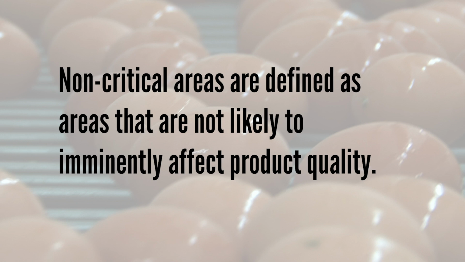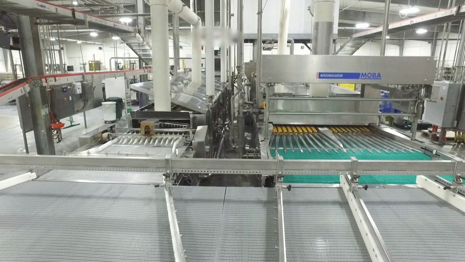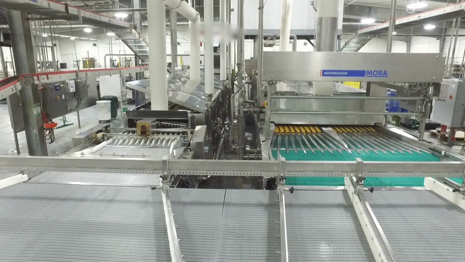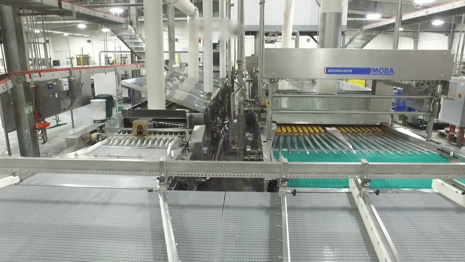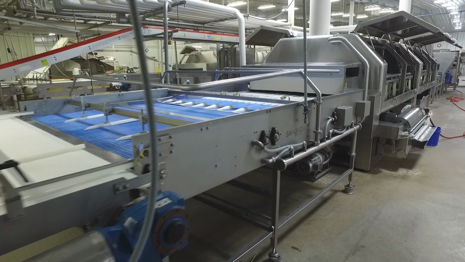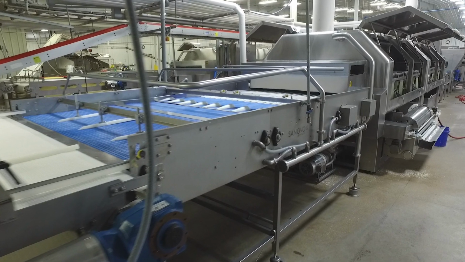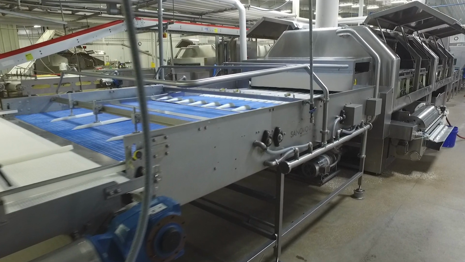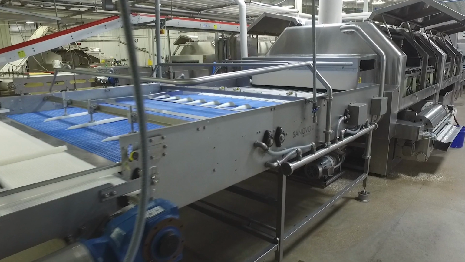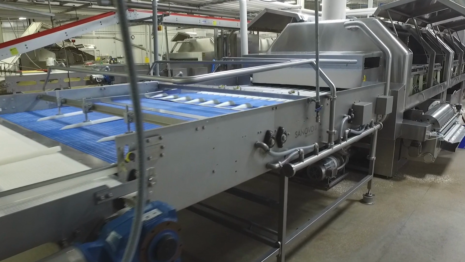Non-critical, unsatisfactory conditions should be addressed after the processing line has been started, unless unable to safely do so during processing. In this module, the critical and non-critical areas of this piece of equipment will be identified and discussed. Additionally, examples will be used to illustrate the unsatisfactory and satisfactory condition of various components associated with the accumulator.